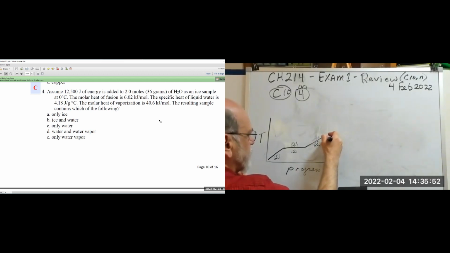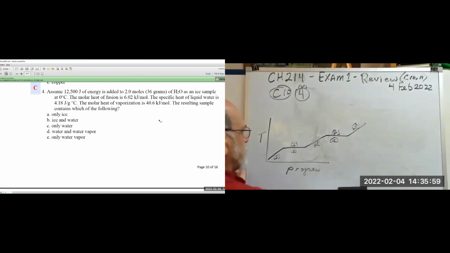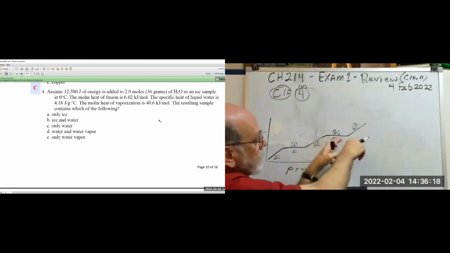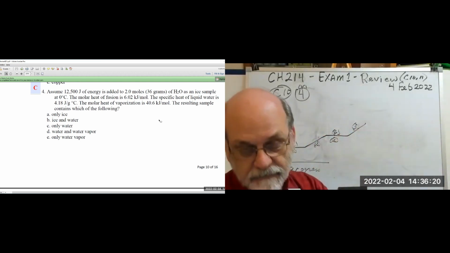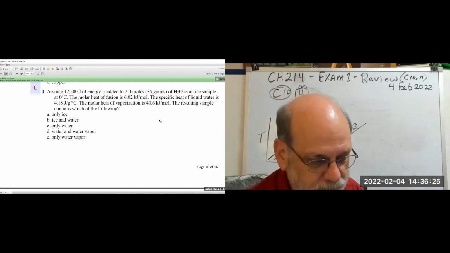And then this is the liquid and gas. And then this is the gas only. So it takes a certain amount of heat to go up to here, and then a certain amount of heat to melt everything, and then a certain amount of heat to increase the water temperature, right? And then here, we're boiling the water. It takes a certain amount of heat there, and then heat for gas, okay? We have only 12,500 joules at our disposal.